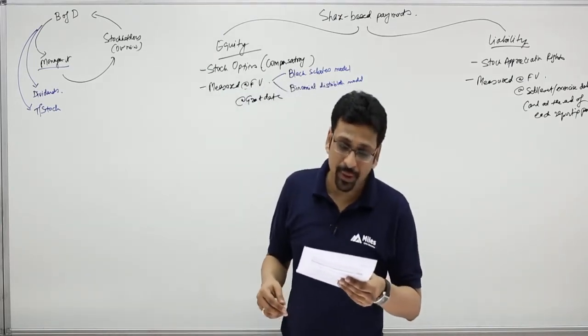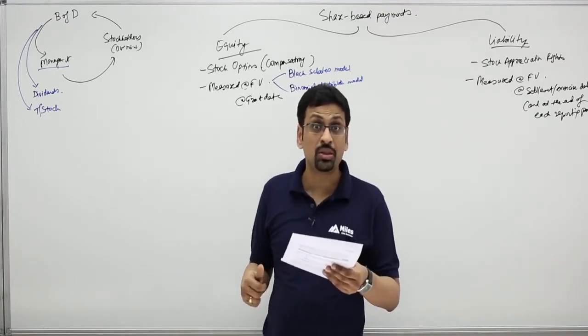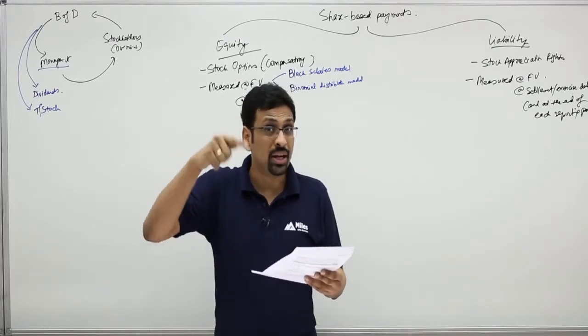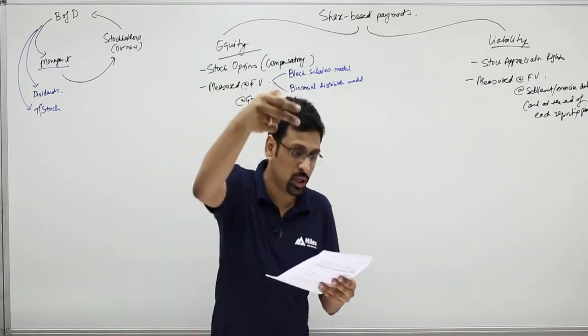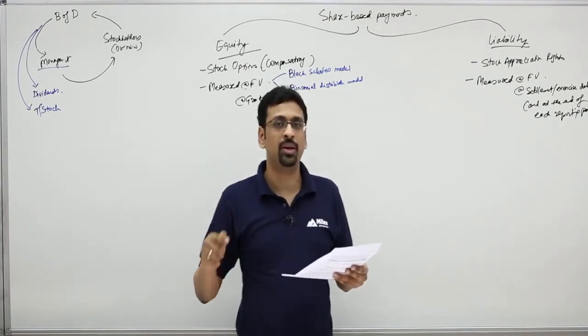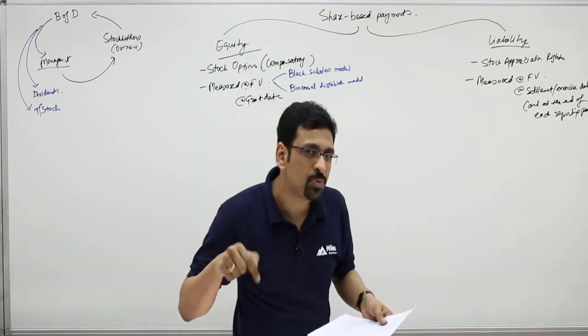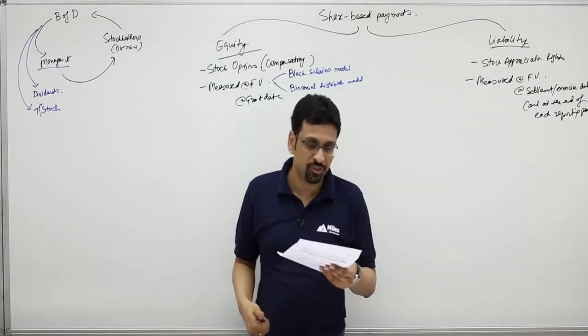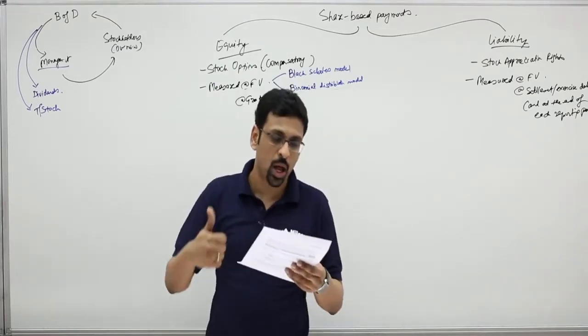The option can be exercised after 1st Jan 2013. We are granting it right now, 1st Jan 2011, but he can exercise it only after 2 years, if the employee remains in service to the company. So guys, we're making sure he keeps working for the company. And the option expires on 31st December 2013. So it's open for 1 year.